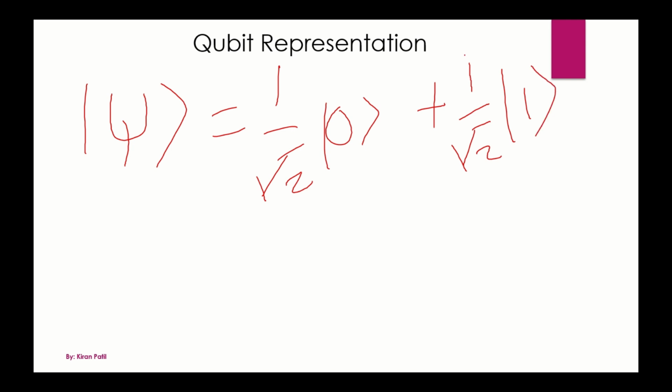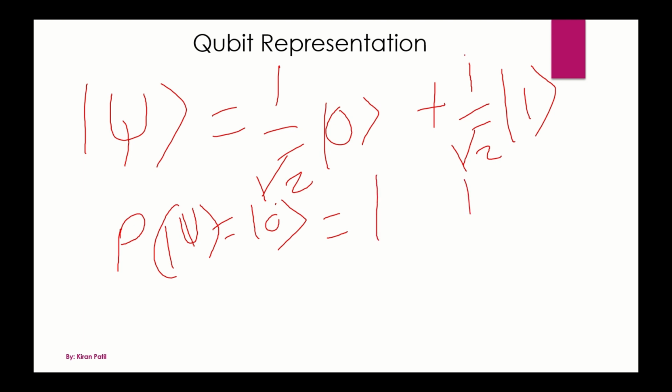So this is the equation of my qubit. Now I will calculate the probability that psi is equal to ket 0. What we need to do is the inner product of 0 and psi.